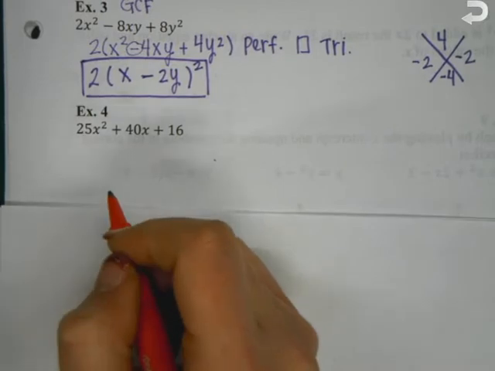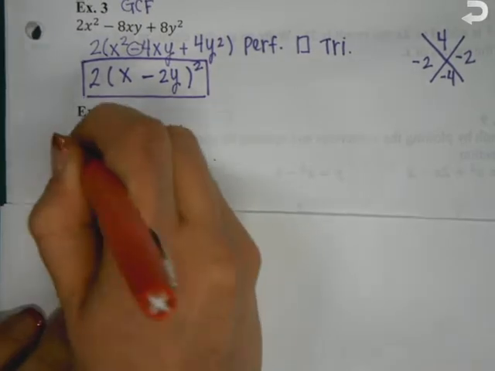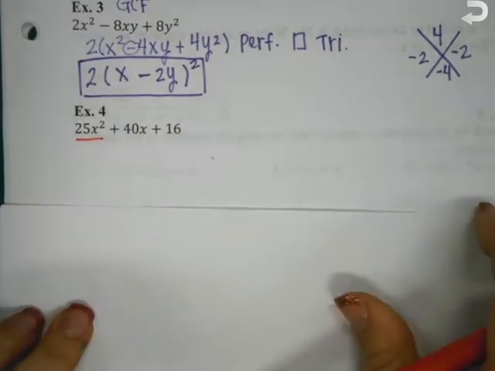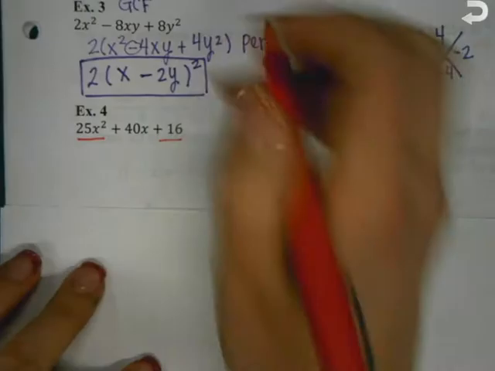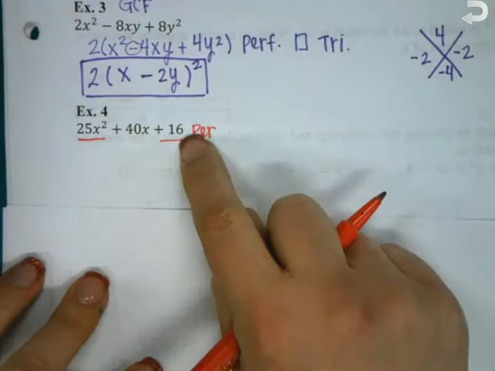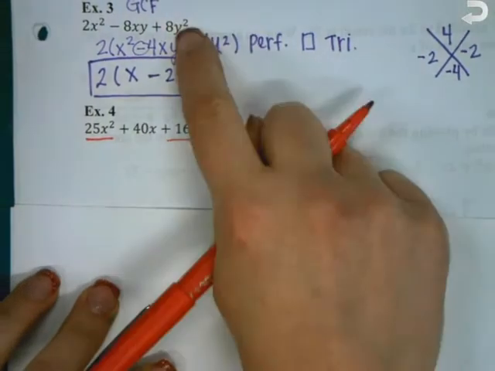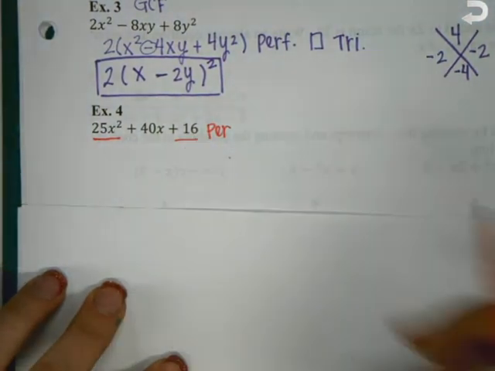Look at it. 25x squared, is that a perfect square? Yeah. 16, is that a perfect square? Yes, it is. 16 is still a perfect square by itself.